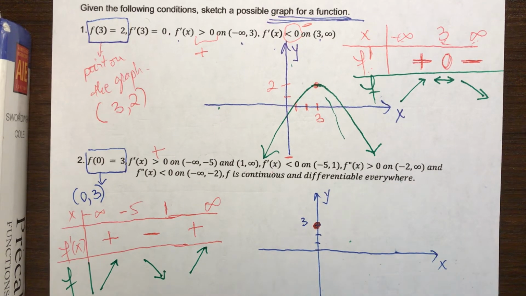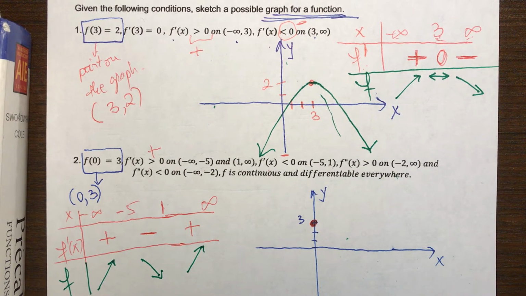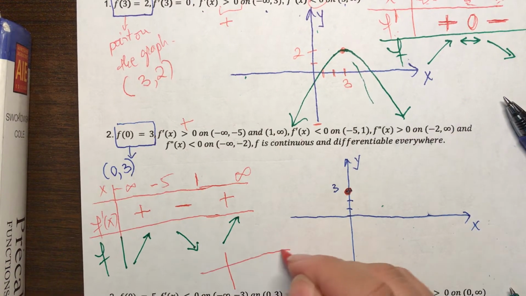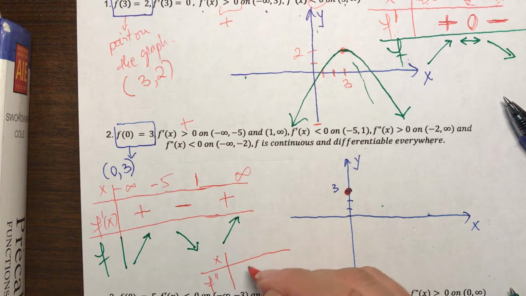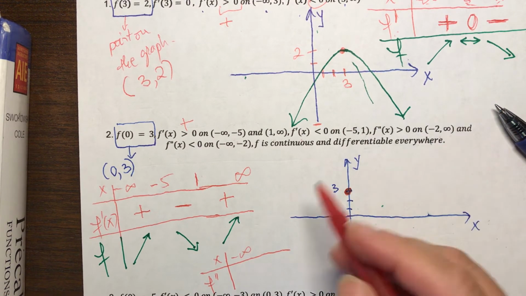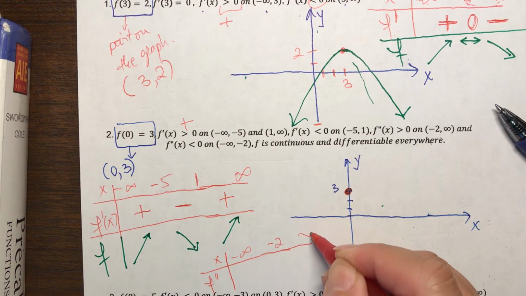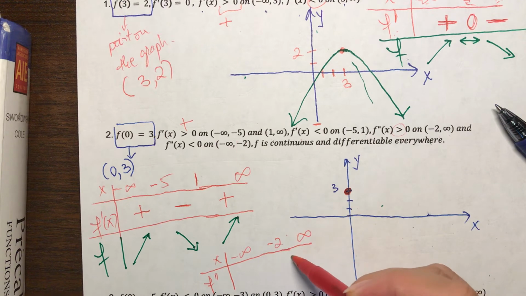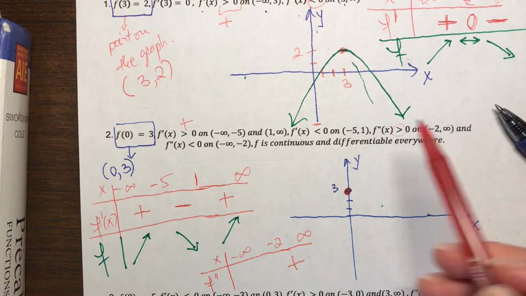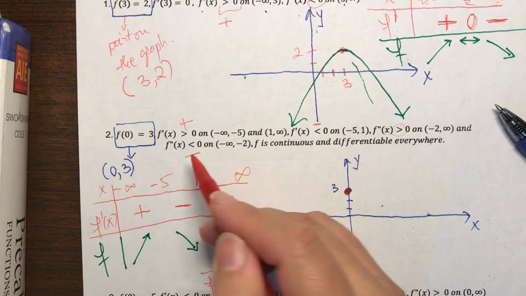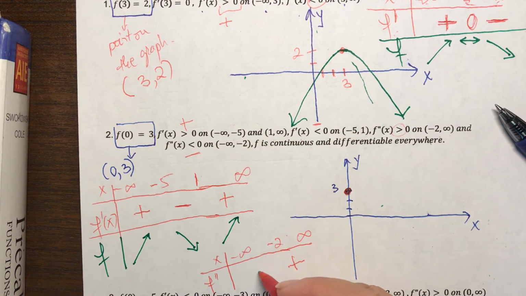The second derivative, let's make a sign diagram for that as well. I'm going to make it down here. It says from negative 2 to infinity, it's more than 0, so it's positive, and it's less than 0, so negative, from negative infinity to negative 2.